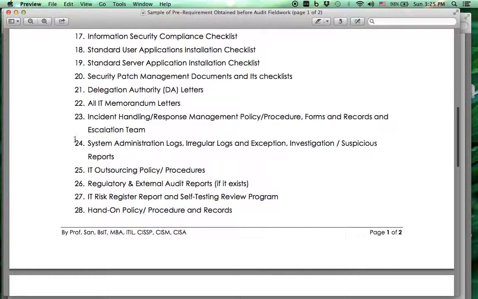So number 24, you need to obtain the log of the system administration, irregular log or exception or investigation or suspicious report. In this area you need to check whether the IT custodian regularly conducts the reviewing of the system administration log or user log or something like that related to the critical log.